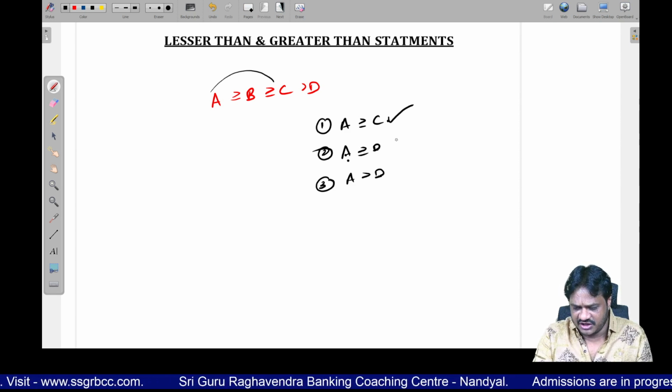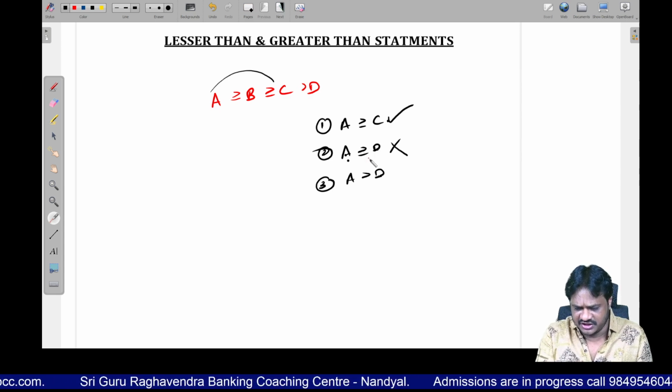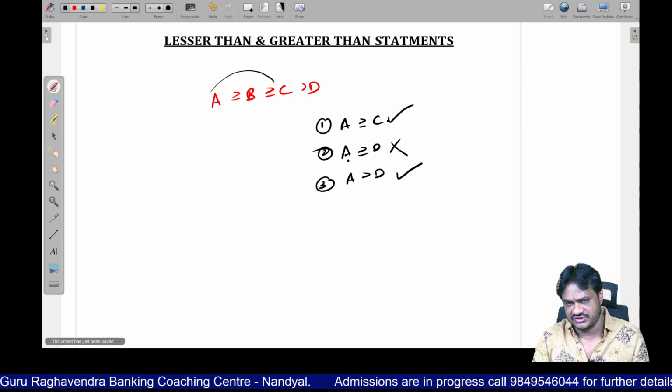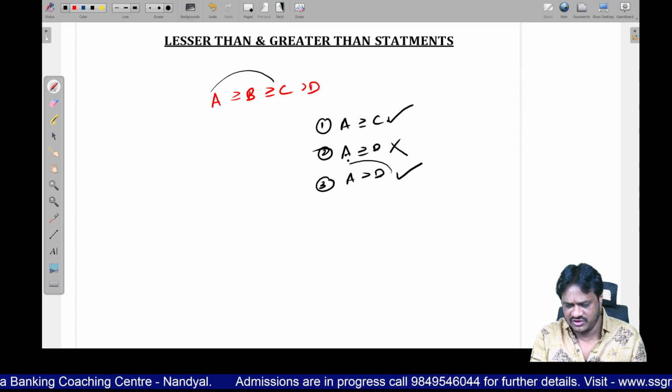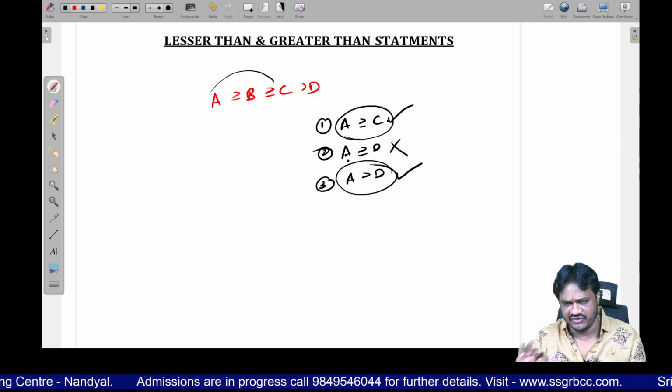A greater than or equal to D does not follow, because from A to D greater than or equal is not there. But A greater than D definitely follows. So A greater than or equal to D does not follow, A greater than D follows, and A greater than or equal to C will definitely follow.